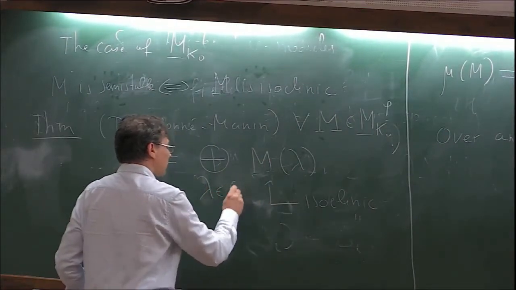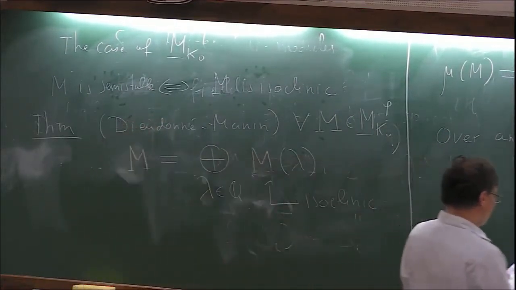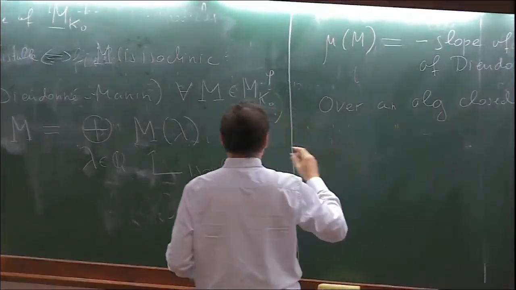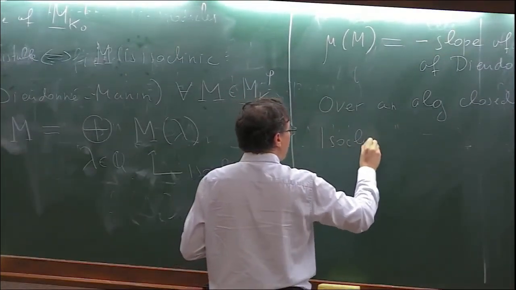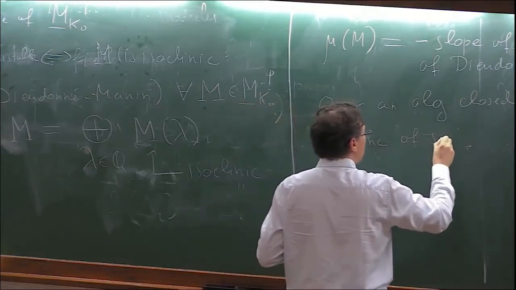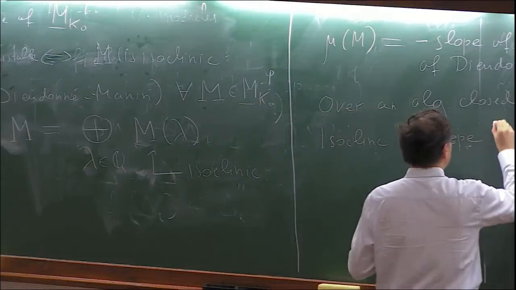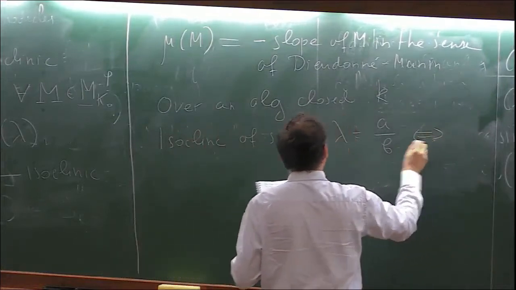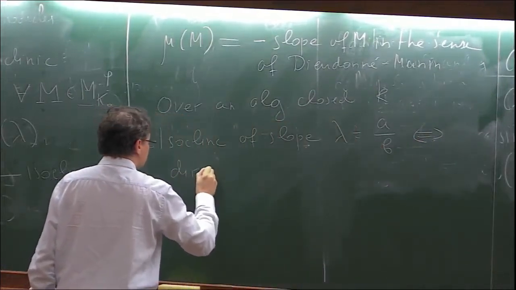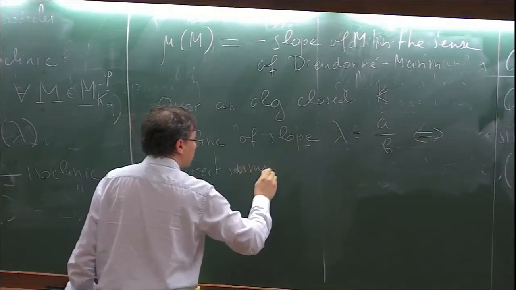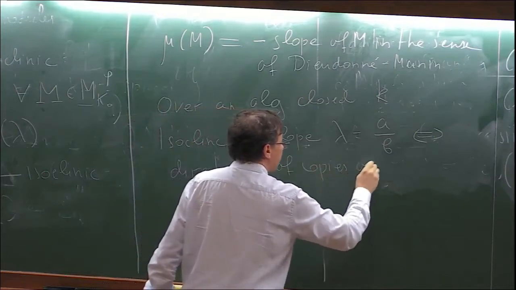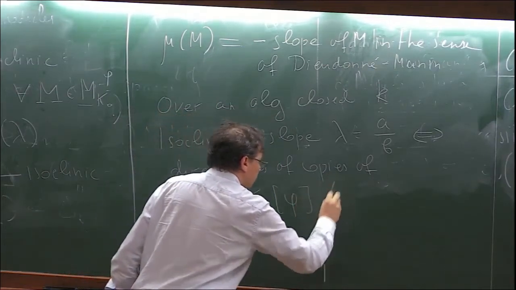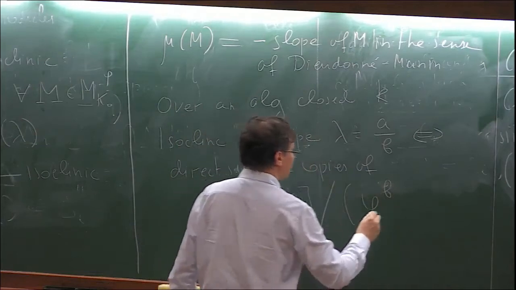So over an algebraically closed K, isoclinic modules of slope lambda equal to a by b are exactly the direct sums of copies of K0 phi quotient by phi^b minus p^a.